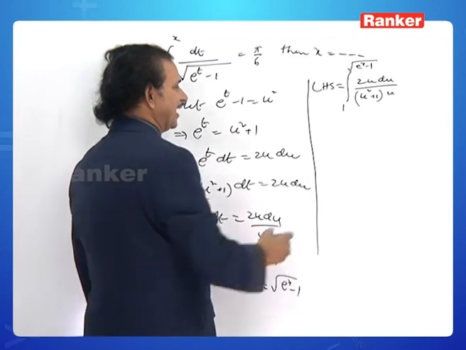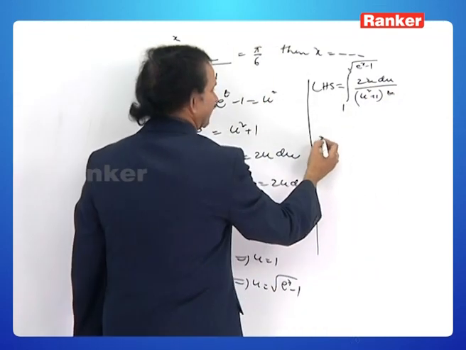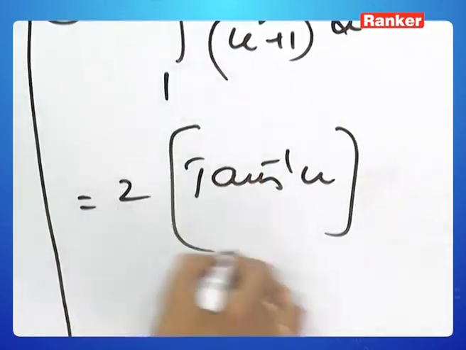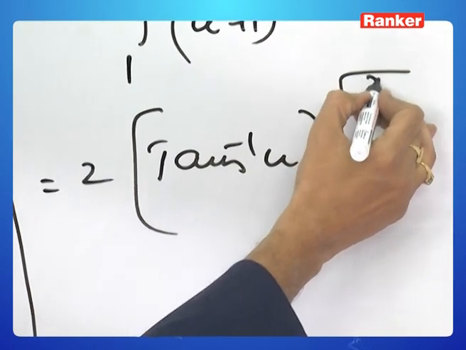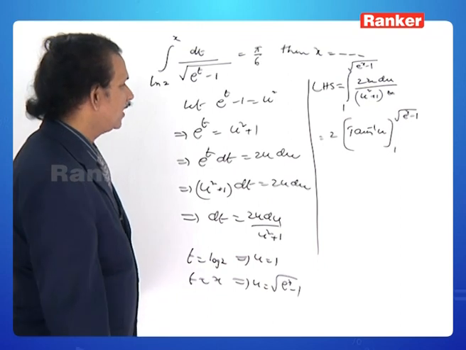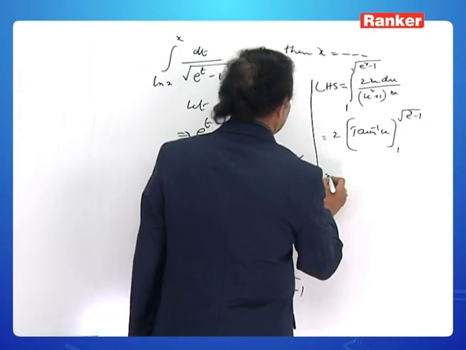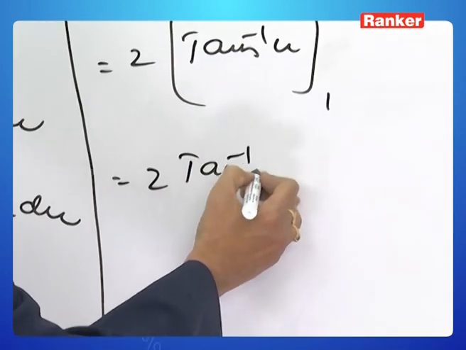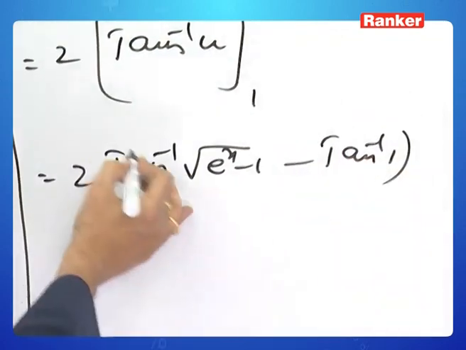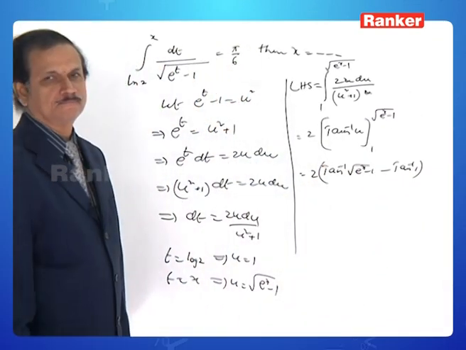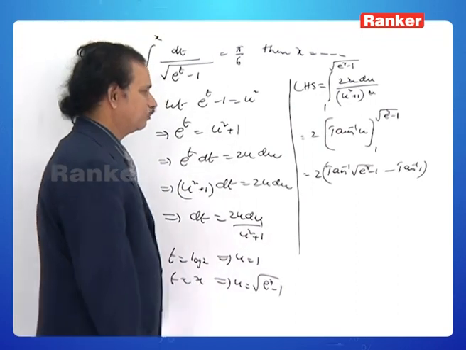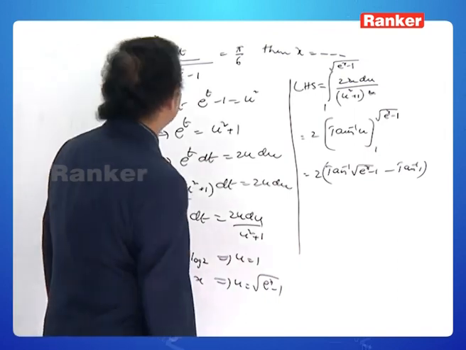U and u will be cancelled, of course, so that is 2 into tan inverse u between the limits 1 to root of e power x minus 1. Isn't it? So this is 2 into tan inverse root of e power x minus 1 minus tan inverse 1.